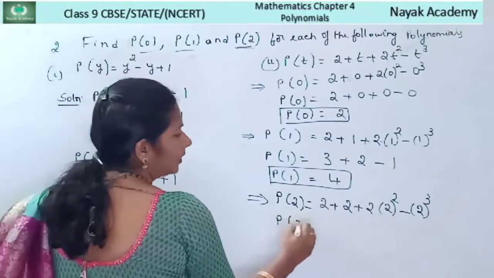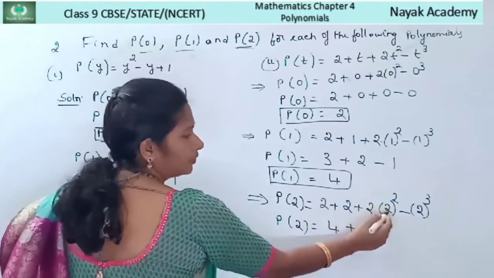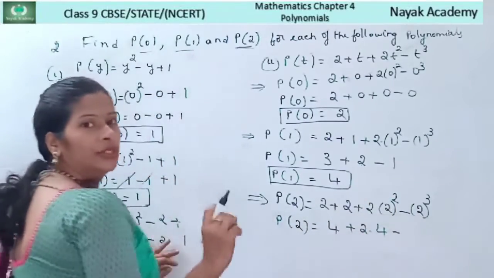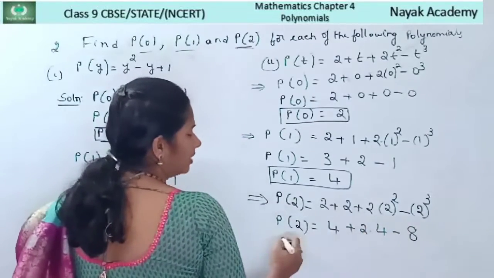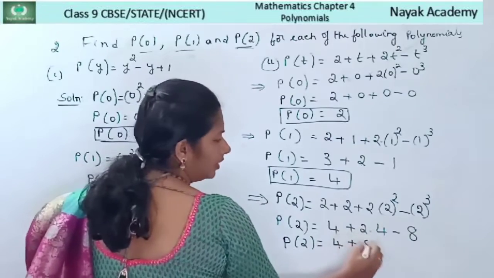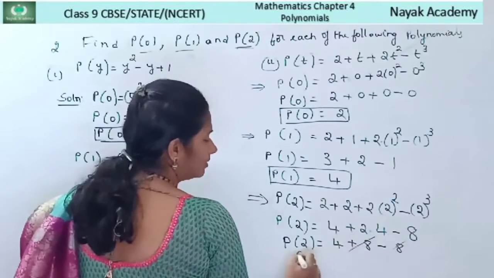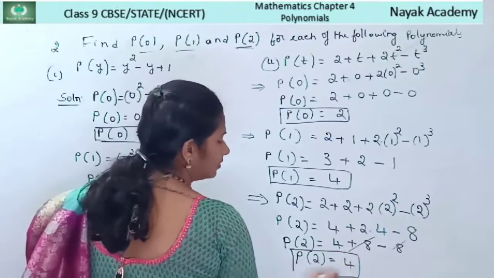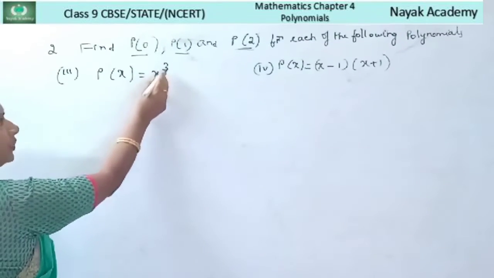Now p of 2 value is 2 plus 2, 4, plus 2 into 2 square is 4, minus 2 cube is 2 into 2 into 2, that is 8. 2 2s are 4, 4 2s are 8. So p of 2 value is 4, 4 2s are 8, minus 8, plus 8 minus 8 get cancelled. So what is the value of p of 2, children? It is 4.